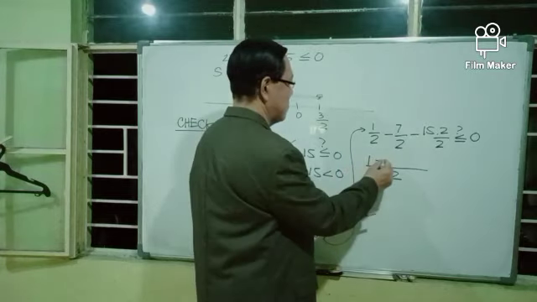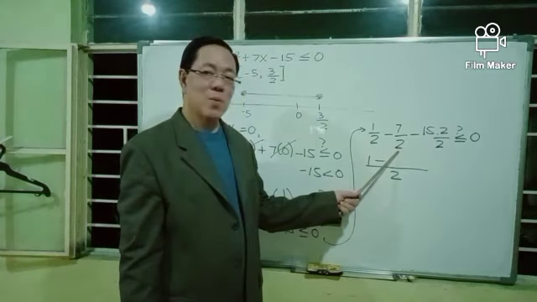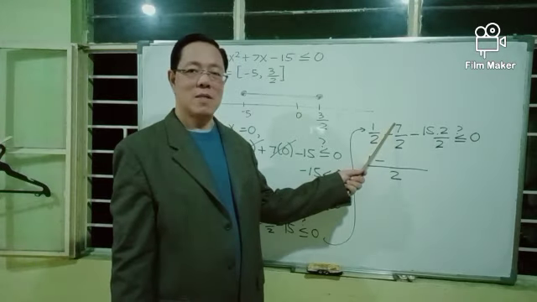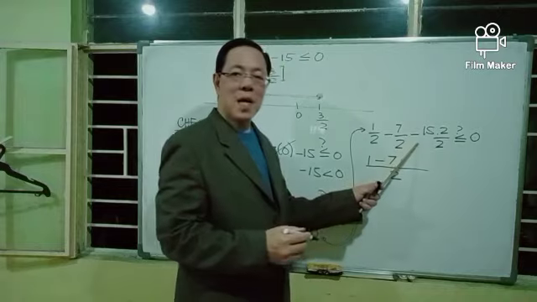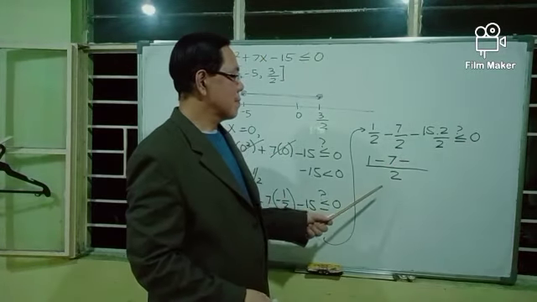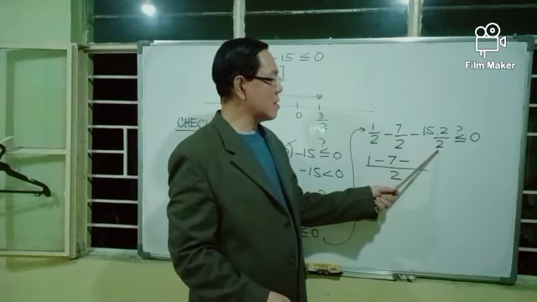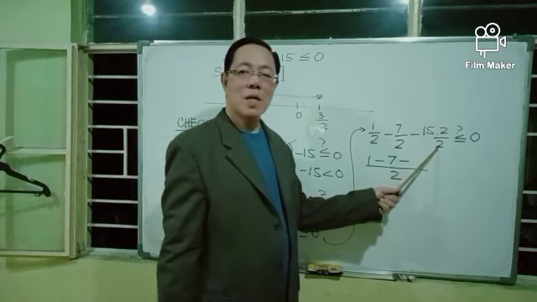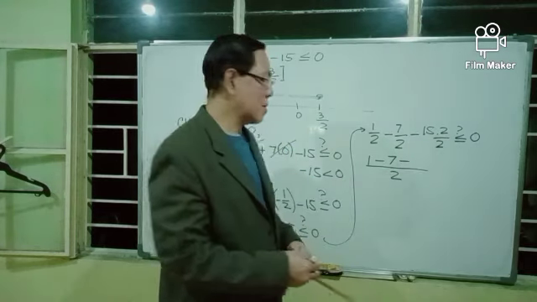Minus 2 divided by 2 is 1, multiplied by 7 is 7. Minus, we have 2 divided by 2 is 1, multiplied by 15 times 2 is 30.